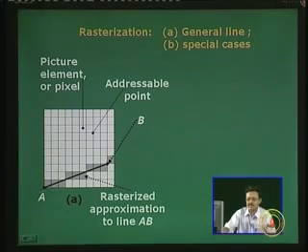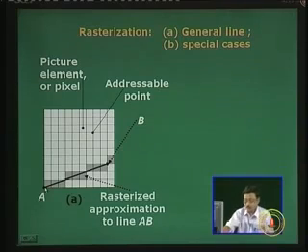Unlike in the case of a random scan where the beam was moving from point A to point B, what we do in this case is switch on a set of pixels or points which lie close to the actual line joining point A and point B. There are many sophisticated algorithms. We will talk about one such line drawing algorithm to find out which are the pixels closest to the line and give the visibility of a continuous line.